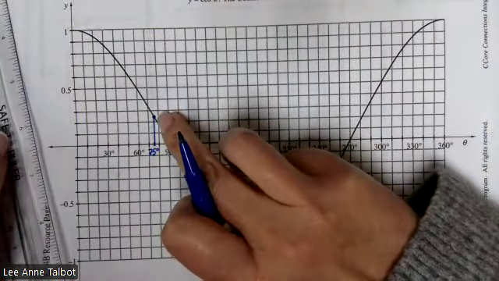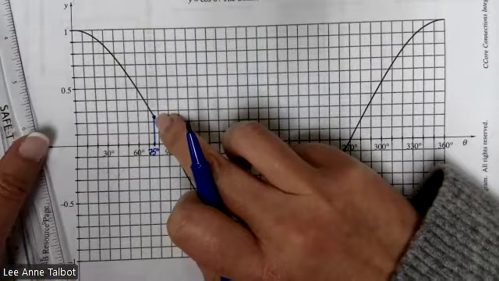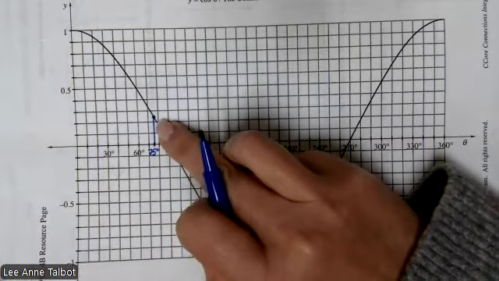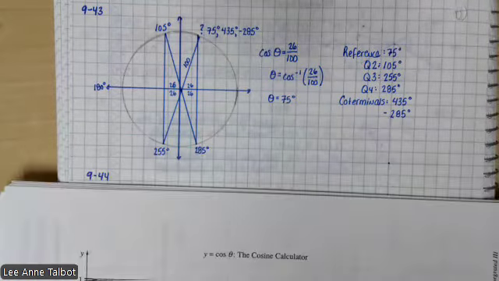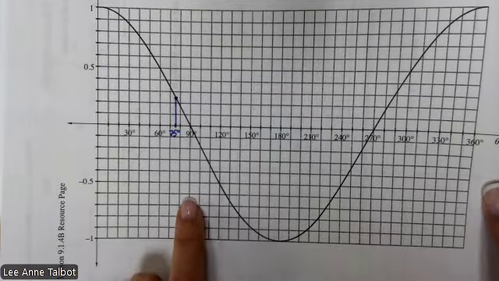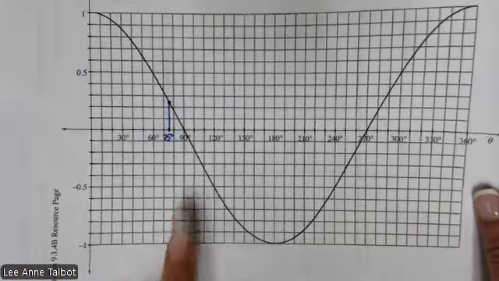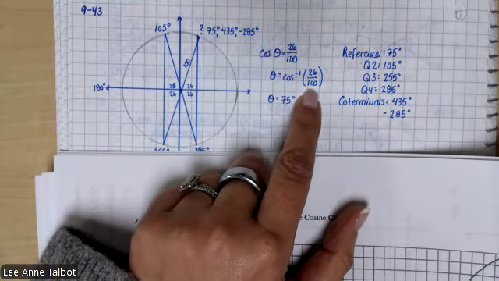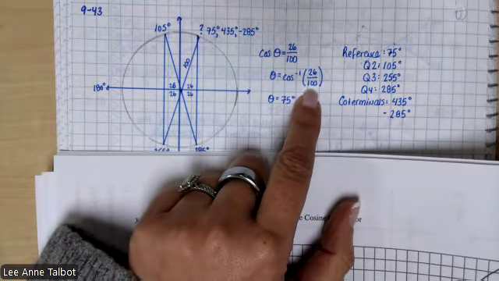Okay, so go up to the wave and, what's the approximation there? 0.259. Okay, and that should make sense if you think about what's 26 over 100.